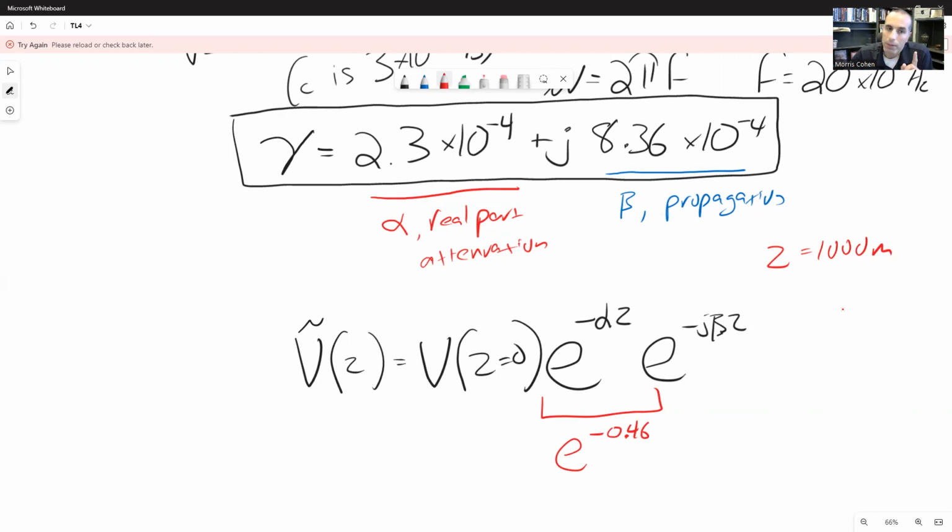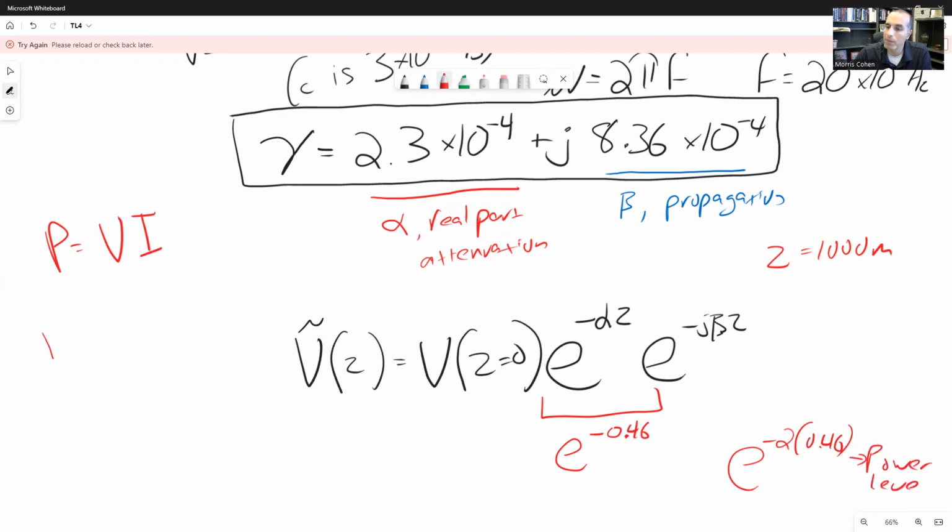But the power is going to be the product of the voltage times the current, and the current is also going to multiply by e to the minus alpha z. And so the power ends up doubling this attenuation. So the power is going to go as e to the minus 2 times 0.46, which is going to be the reduction in power.